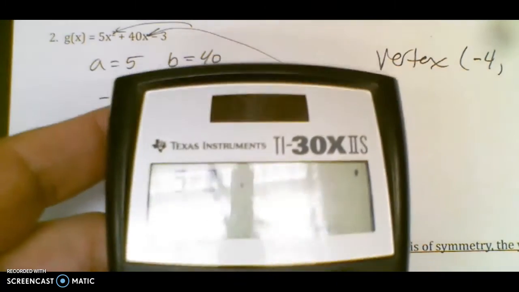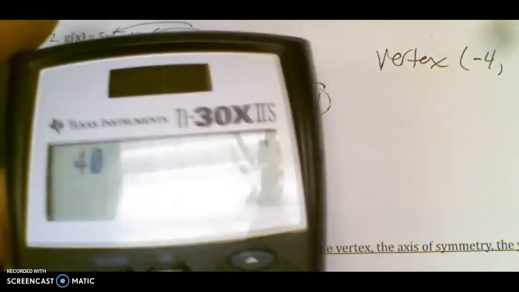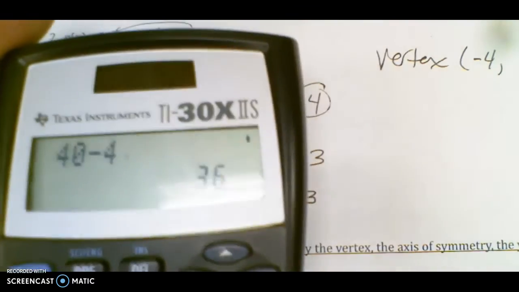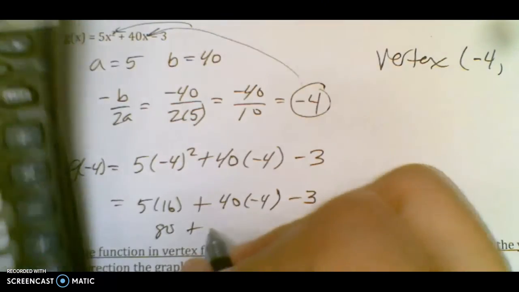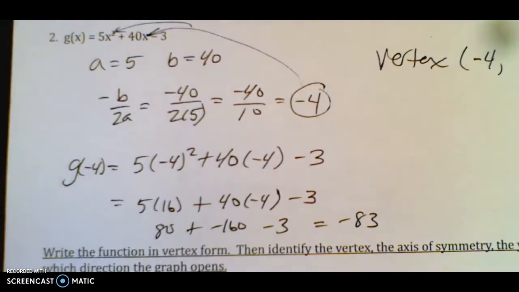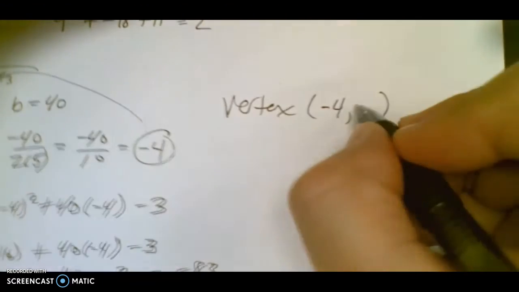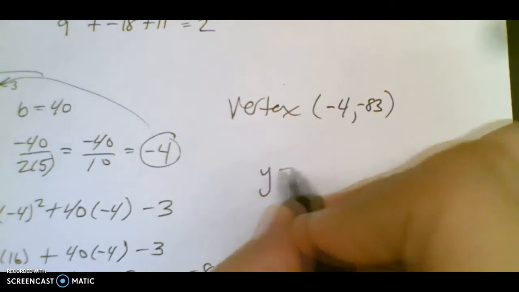If I do 5 times 16, that's 80, plus 40 times negative 4, which is negative 160, minus 3 is going to be negative 83. So I know my y part is negative 83.